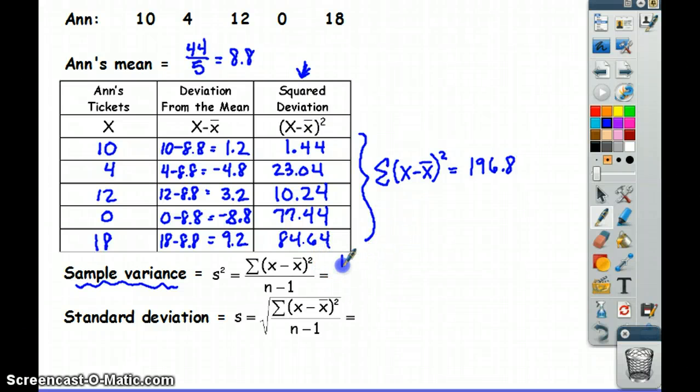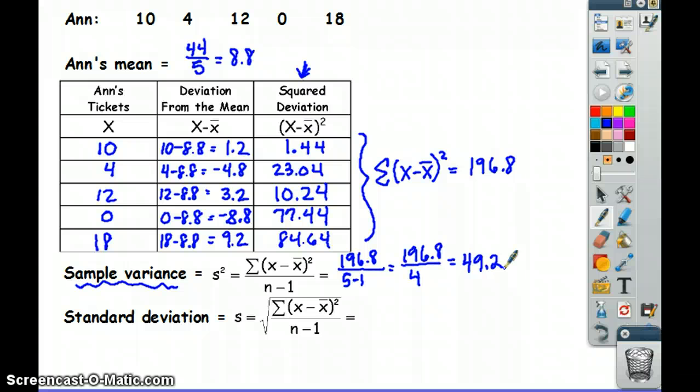That 196.8 is my numerator for the sample variance, and my denominator is n minus 1. Now think what we said n was. N was the number of data points. We have 5 data points, so n is 5, which makes n minus 1 4. That gives me 49.4. So my sample variance is 49.4.